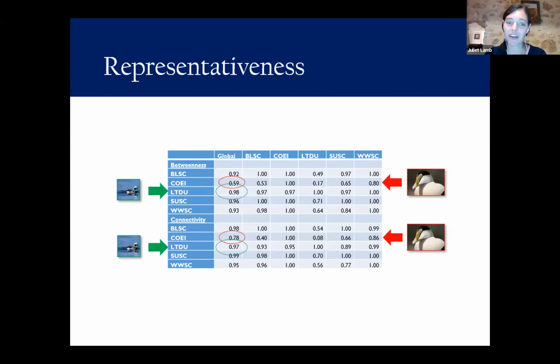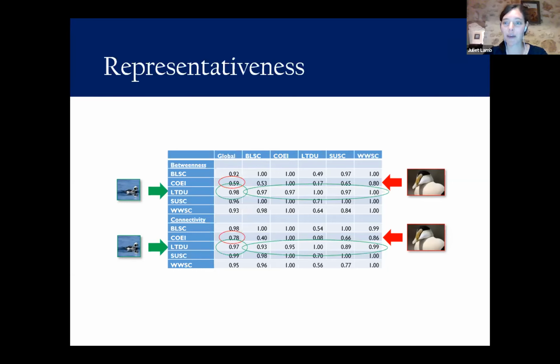But what's interesting is that long-tailed duck, which if you remember also had a very different pattern to the three scoters, shows up as being probably the highest level of representativeness, both for the global network and for the remaining species. So this is interesting because they're using different habitats, but also overlapping pretty strongly with the scoters.